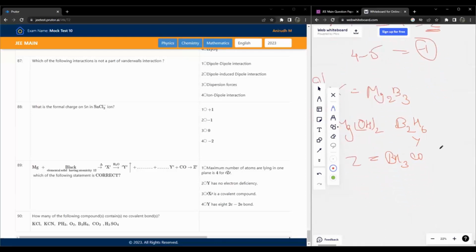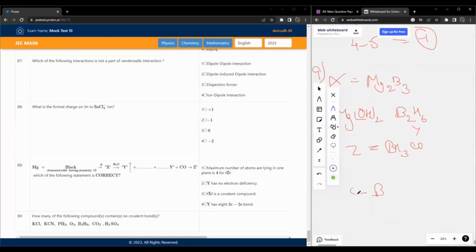This compound basically looks like B, C, O and then H and H. This way, this should be a wedge. This should be a dash. Right? So basically here, if you see this, C, O, B are in the same plane, in one line, and then this H or this H will be in the same plane. In the same plane, you can have 4 atoms maximum. So 1 is the answer, right?